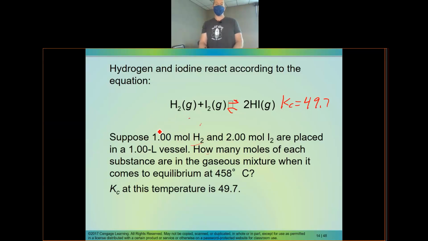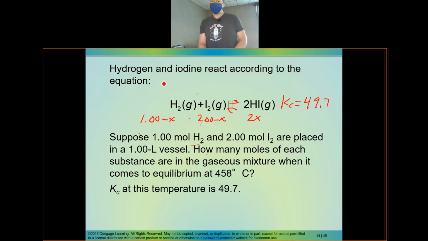You have your H2, which is 1 minus x at equilibrium. You have your I2, which is 2 minus x. And then you have your HI, which was 0, and at equilibrium it was 2x. So we went through that last time. And then we did our setup.